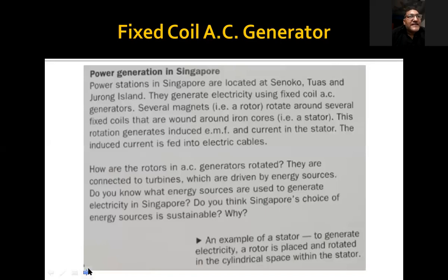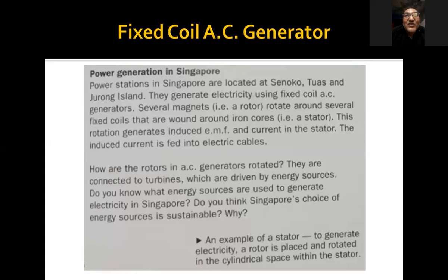So in Singapore, because your textbook is published in Singapore, they are talking about Singapore. Power stations in Singapore are located at Senoko, Tuas, and Jurong Island. Electricity is generated using fixed coil AC generators.